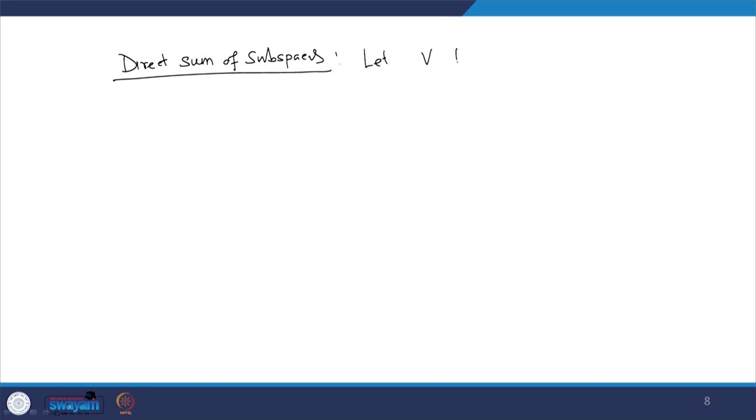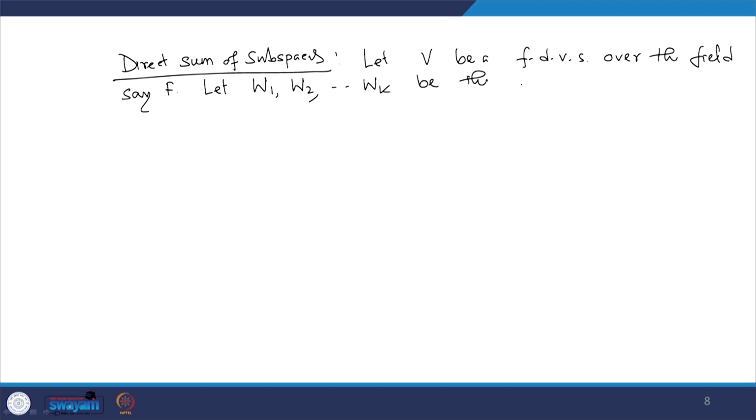Let V be a finite dimensional vector space over the field F. Let W1, W2, ... Wk be subspaces of V which are also independent.